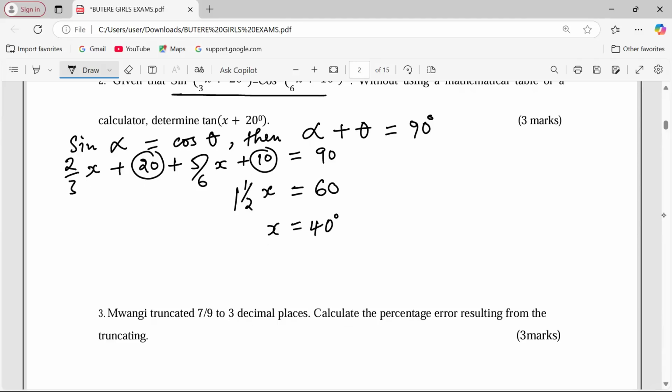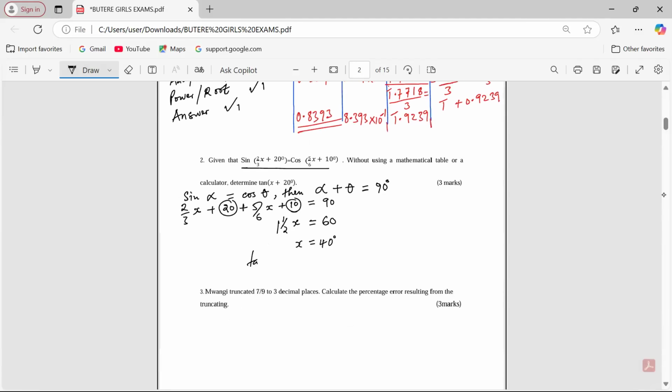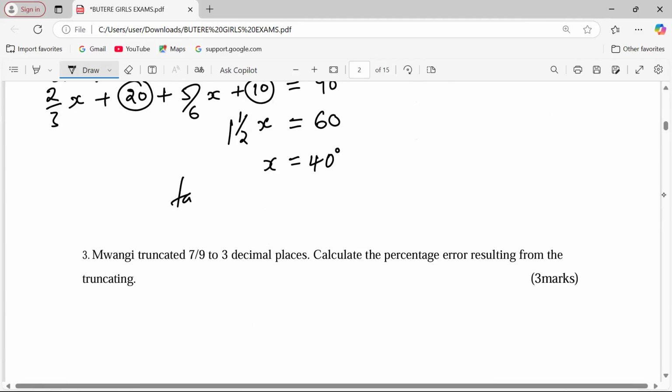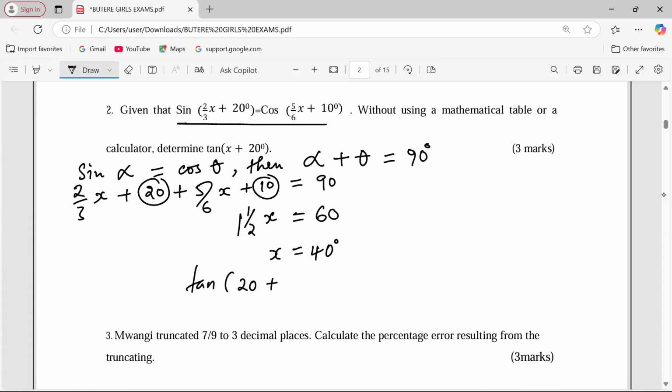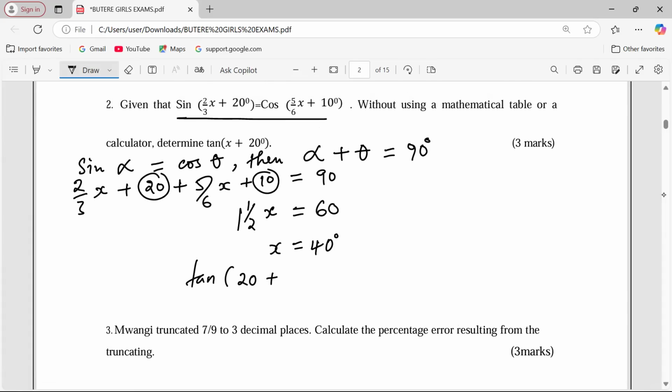That means we are determining the value of the tan of x plus 20, that is 40 plus 20. Let me write it in the order in which it has been brought to us. So we are getting the tangent of 60 degrees.